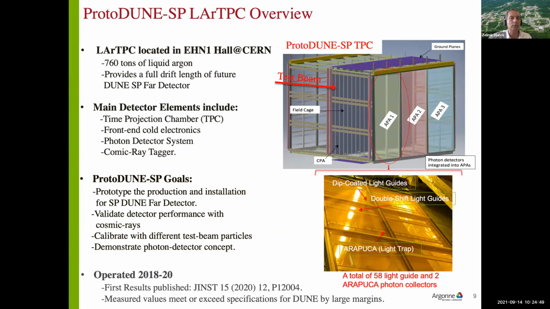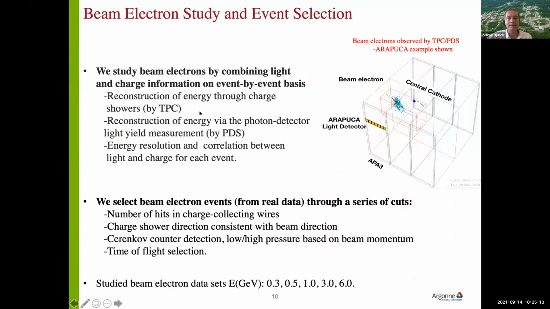To that end, we collected large samples of beam particles, including electrons, muons, pions, and more, and also cosmic rays. We had first results published in this publication from 2020. It turns out that measured values meet and exceed specifications for DUNE. And so now we're doing more with these data sets.